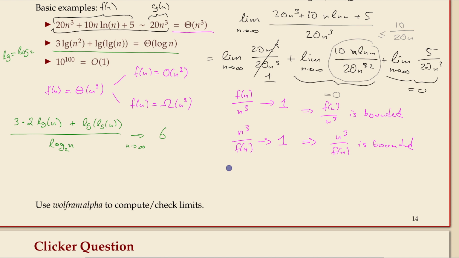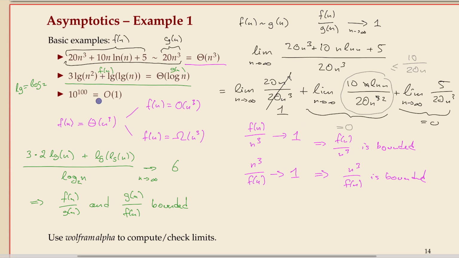So if we call this f again, and this g, and that's all we had to prove.